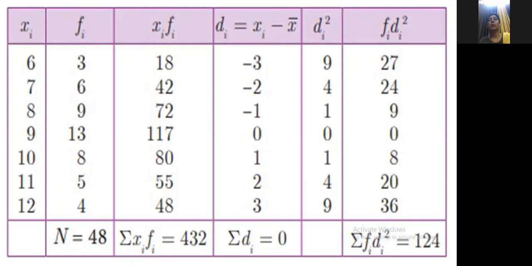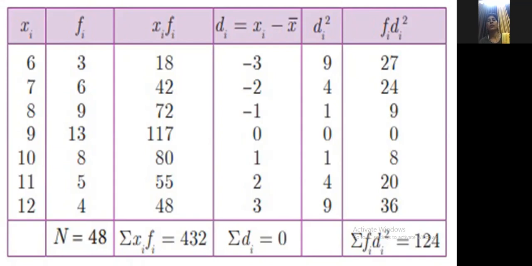Then we find the deviations, D, in the same manner as we did for ungrouped data. That is, we subtract the mean from the X values. On doing this, we get the summation D equals 0.